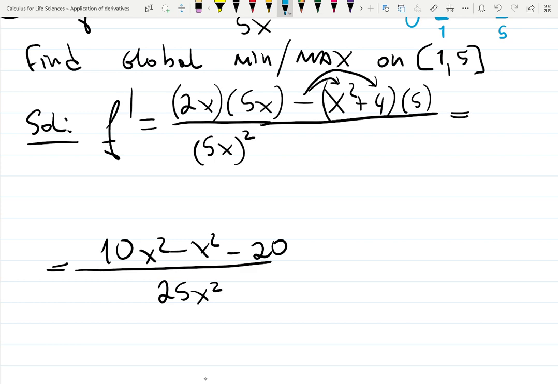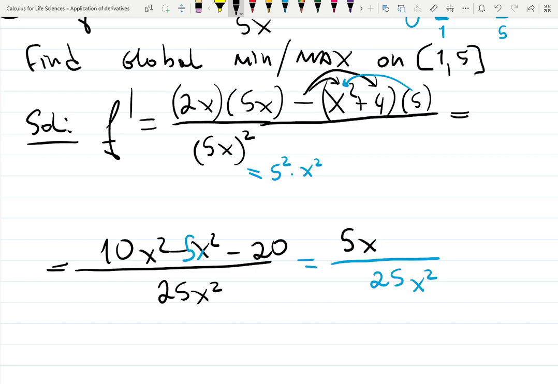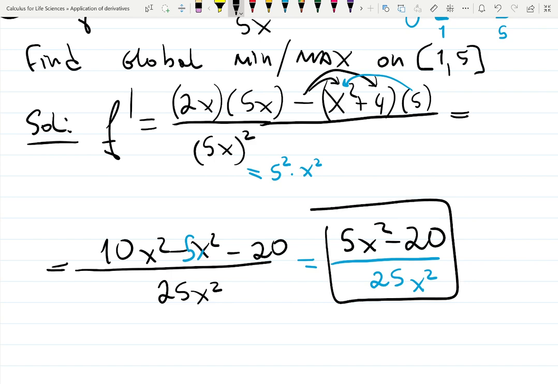Yes. Minus 5 squared, 5. This is 5 squared times x squared. Make sense? 5 times 10x squared minus 5. Perfect. Good job. This one is also distributed. So it's going to be 10x squared minus 5x squared, which is 5x squared minus 20. Good catch. This is the final version of my derivative.